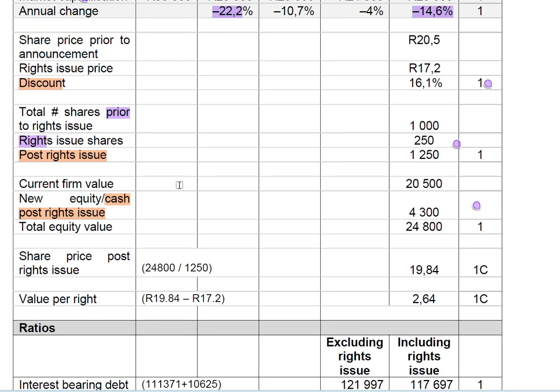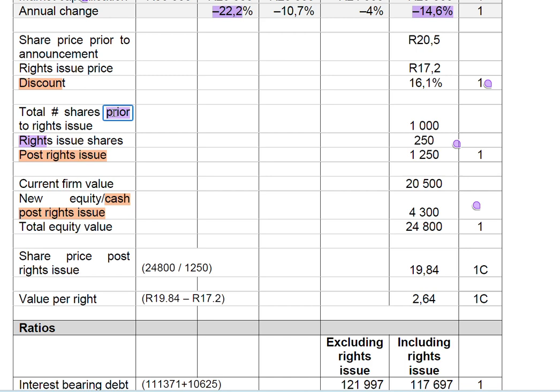And then we try to understand what the outstanding shares will be post the right issue. The outstanding shares will be 1.250 billion. How did we get that? This is the shares that we had prior to the right issue.